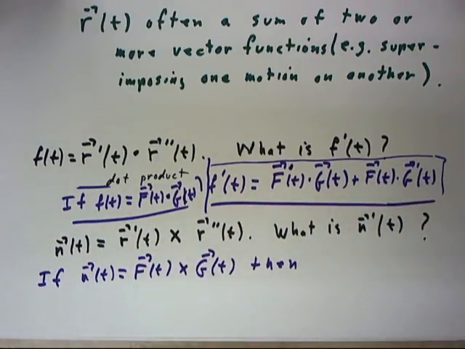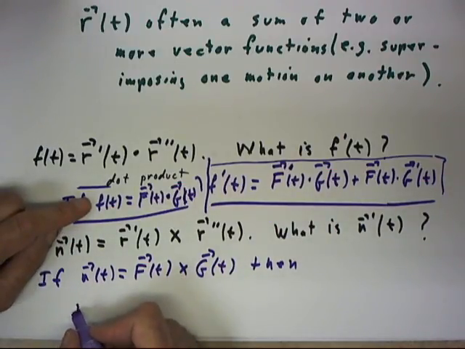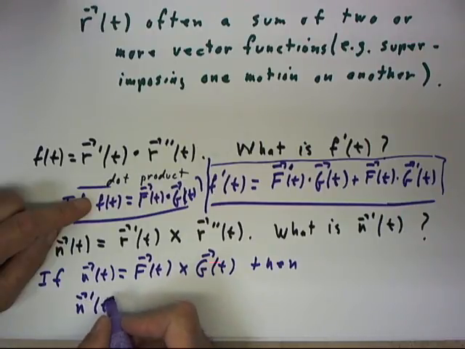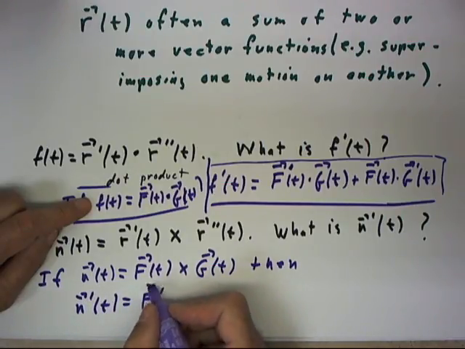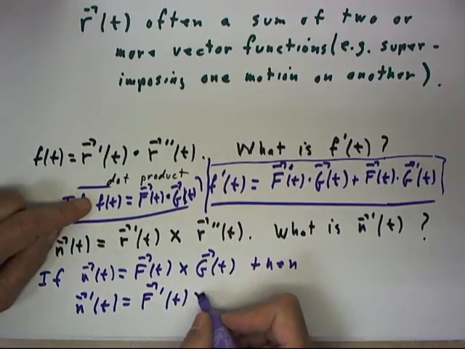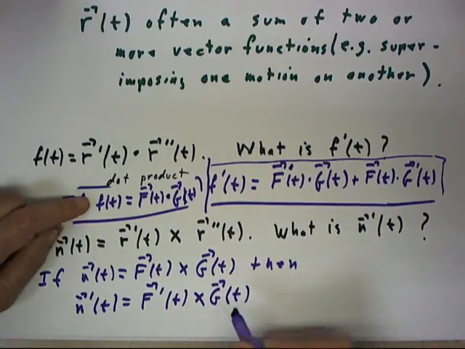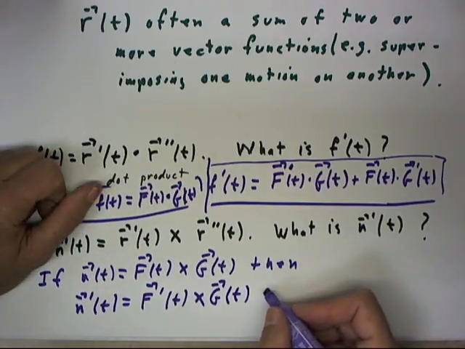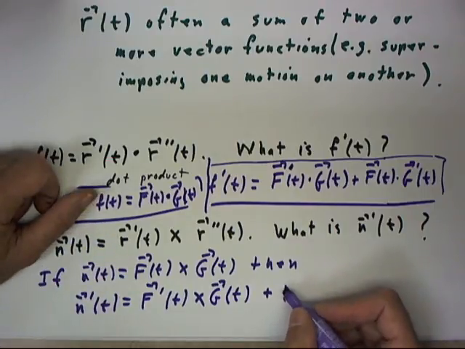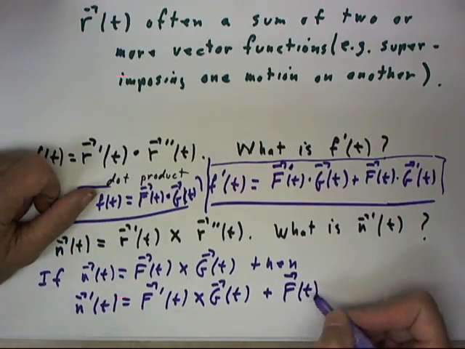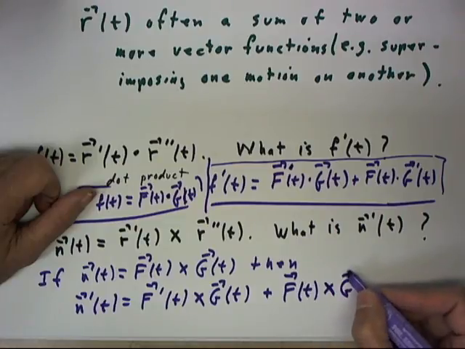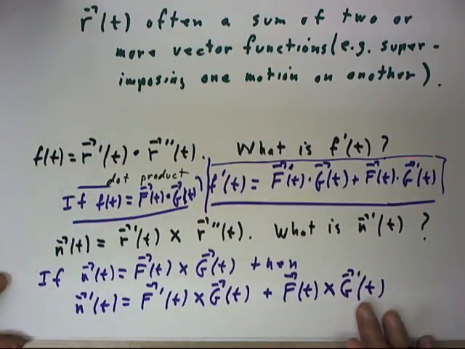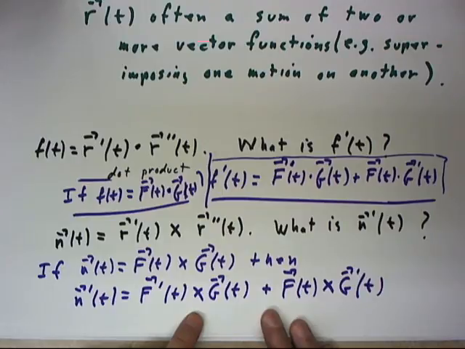If a rule similar to the product rule holds, then we would expect that N prime of t is F prime of t cross G of t, not times G of t, but cross. You can't just multiply two vector functions. You think about that, you see why. And then plus F of t cross G prime of t. So again, we have something very much like a product rule for the cross product of two vectors.